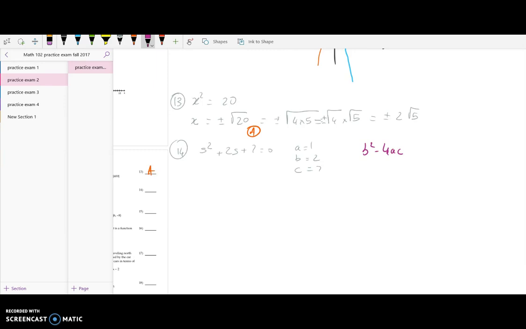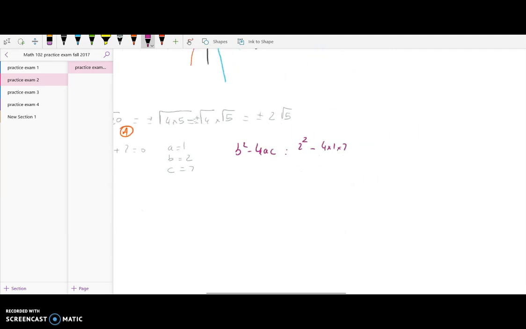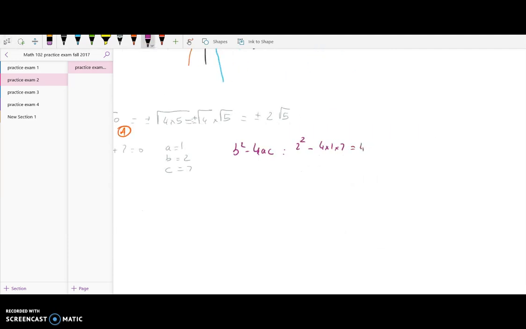So first of all, let's calculate B squared minus 4AC: 2 squared minus 4 times 1 times 7. So it's going to be equal to 4 minus 28. So the discriminant is negative.